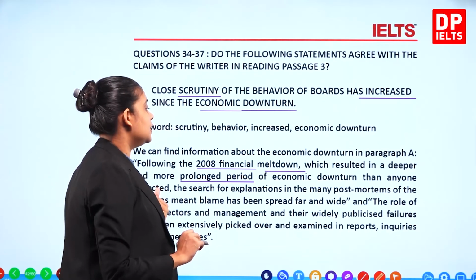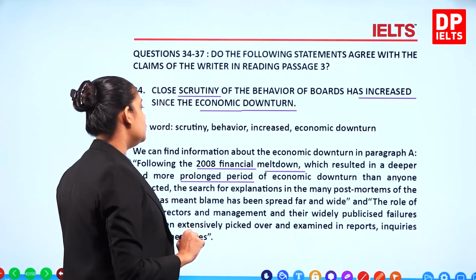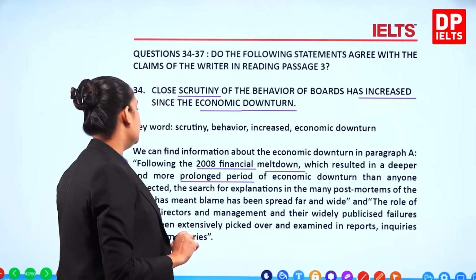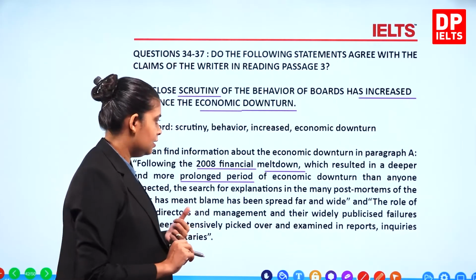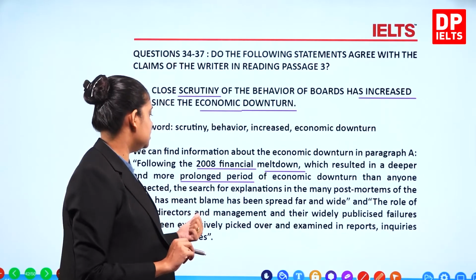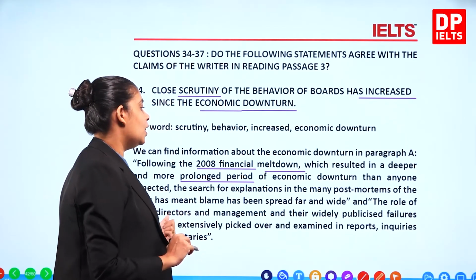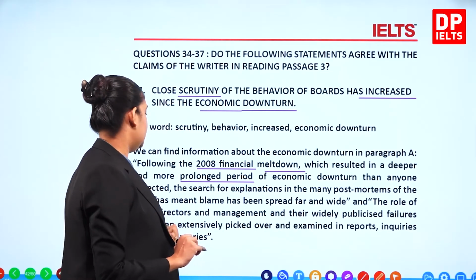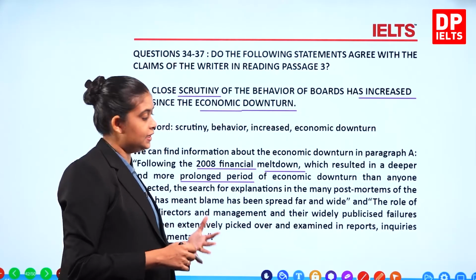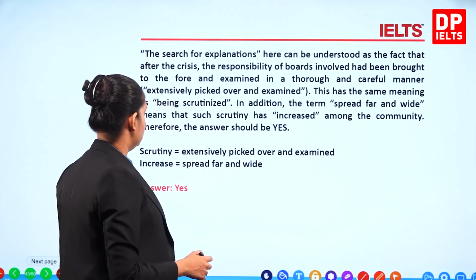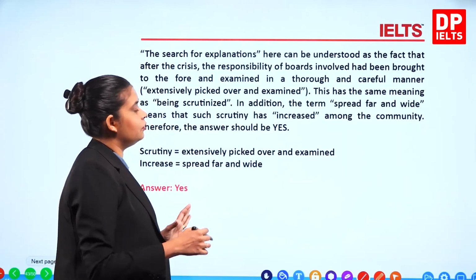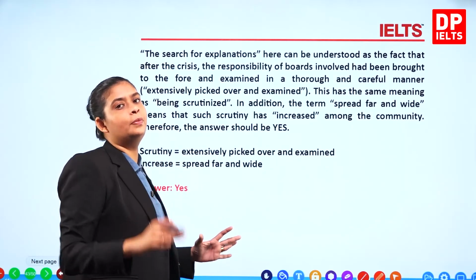The search for explanations in many postmortems of the crisis has meant blame has been spread far and wide, and the role of bank directors, management, and their widely publicized failures have been extensively picked over, examined, right, in reports, inquiries, and commentaries. So yes, it has increased, and they looked at all the possible options.